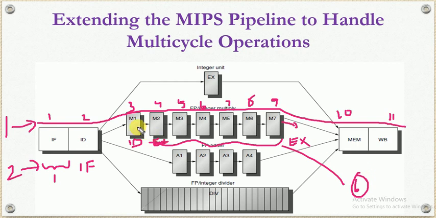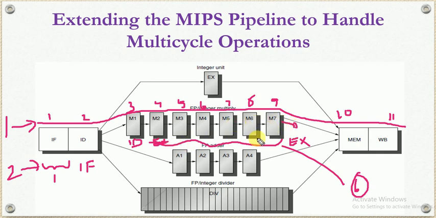Once again, for FP or integer multiplication, the first instruction passes through 11 clock cycles: instruction fetch, decode, then M1 to M7 for the various stages of multiplication, then the 10th and 11th stages. Similarly, the second instruction arrives at the second clock cycle, decodes at the third, and in the fourth clock cycle it could go for EX, but it is expecting the result of the previous one, which will be obtained only after the 7th stage.